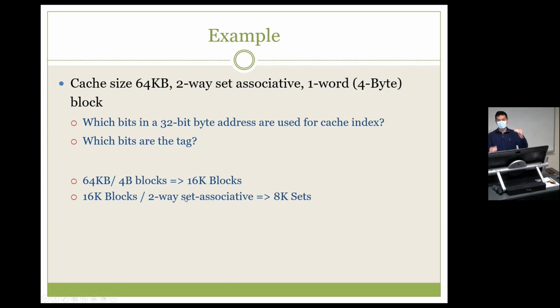Because now for every index, we can store 2 different things. So in terms of how many locations we have, it's cut in half. This is how we can calculate how many locations we have based on our total cache size, our block size, and our associativity.